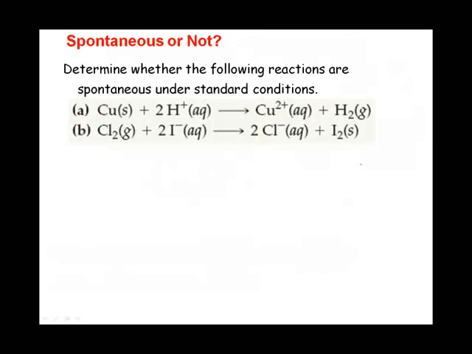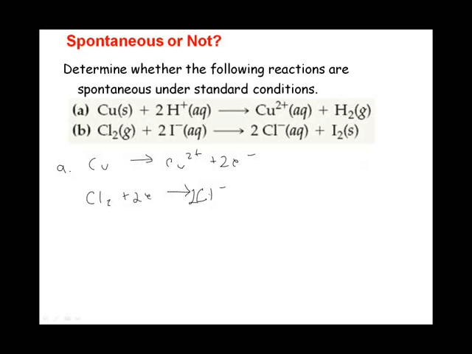Determine whether the following reactions are spontaneous under standard conditions. So let's take a look at A. In A we have Cu becoming Cu2+ plus 2 electrons, and on the bottom we have Cl2 plus 2 electrons becoming 2Cl negative.